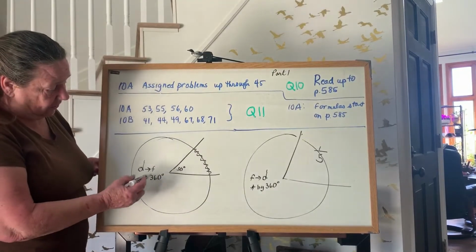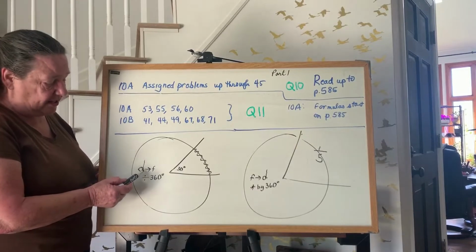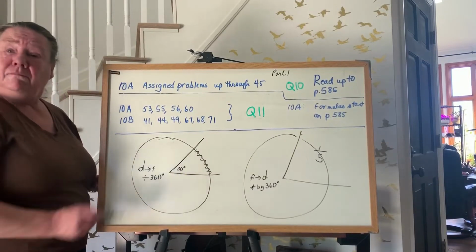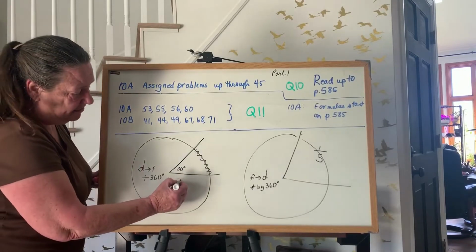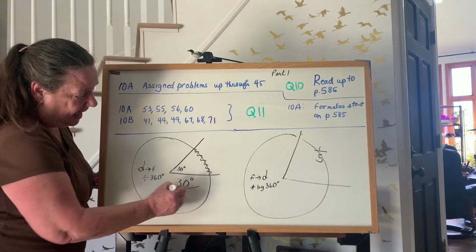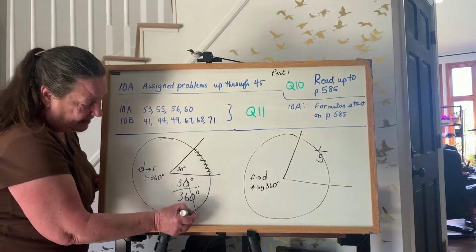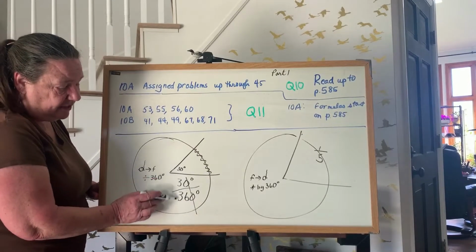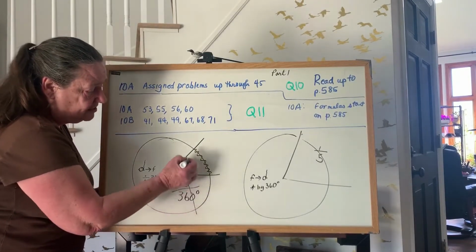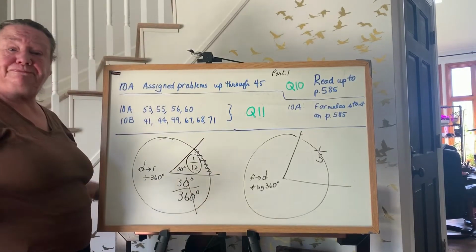Okay, so to go from the degrees to a fraction, you divide by 360. So I have 30 degrees, and I'm going to divide it by 360, okay? I cut those zeros, because they don't make any difference, and I get 3 divided by 36, which is 1/12. And that's the answer, okay?